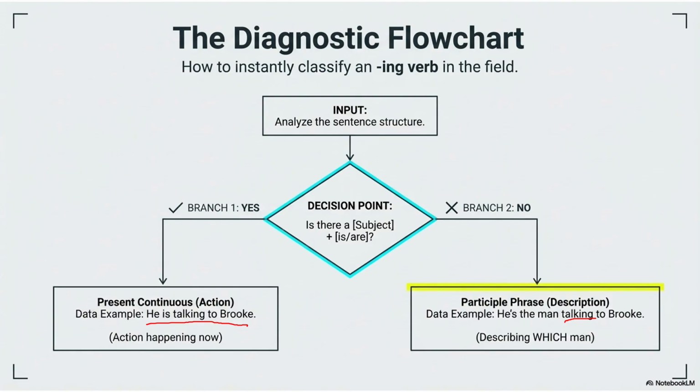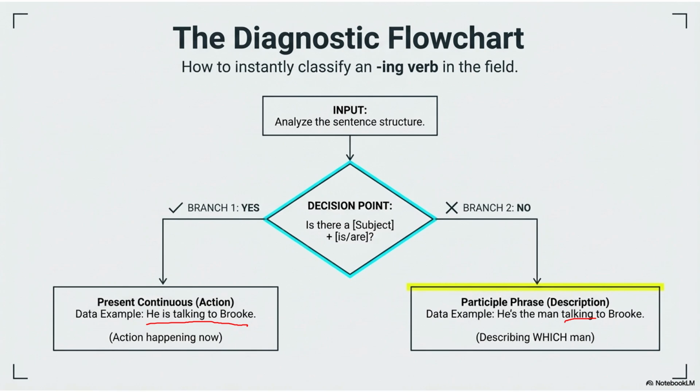It is only here as a modifier. He's the man talking to Brooke. So here talking is helping me identify the man, because the man is the one talking to Brooke. So talking is a modifier helping me identify the man, while here, talking is an action.